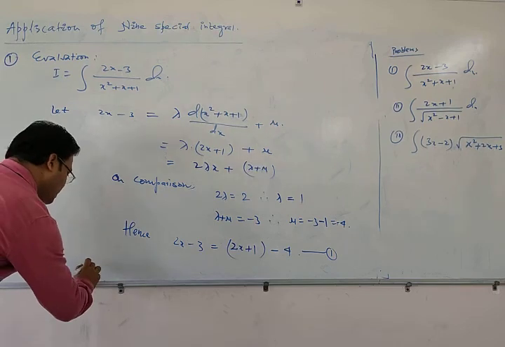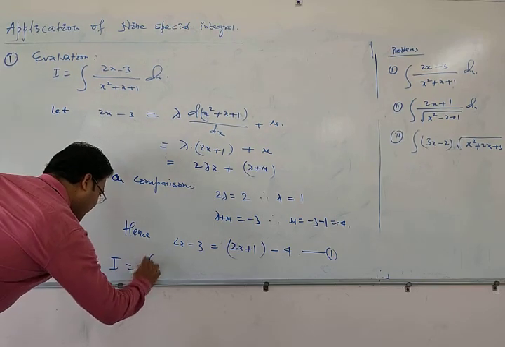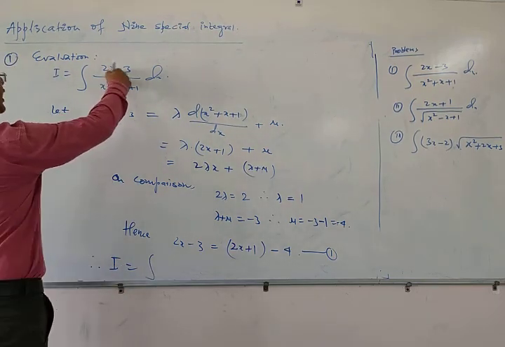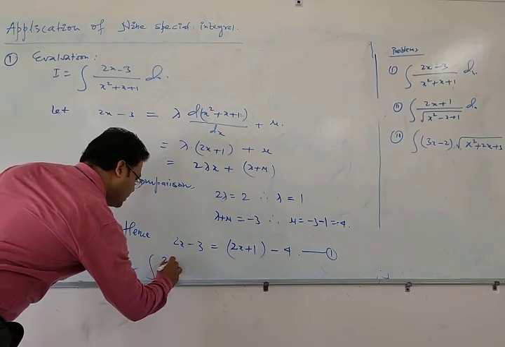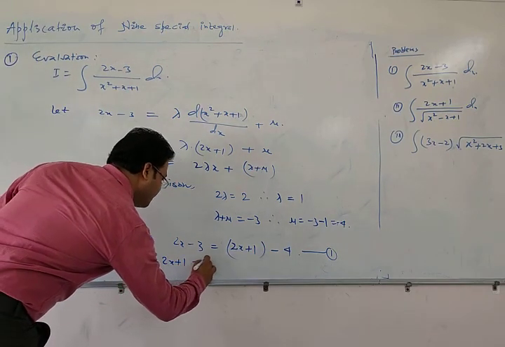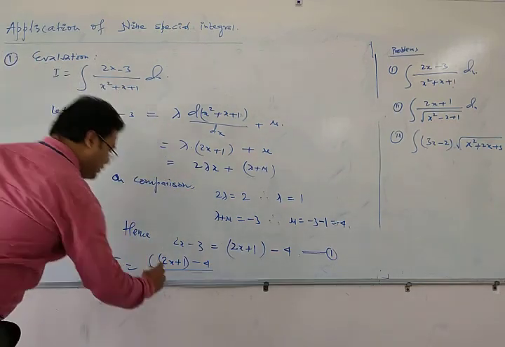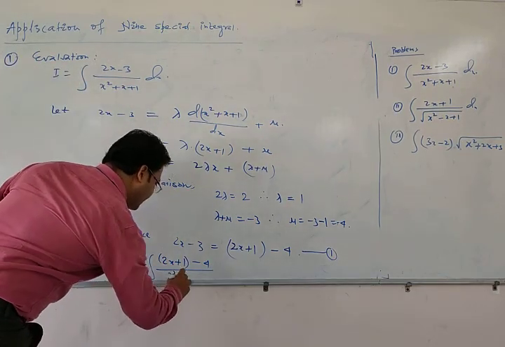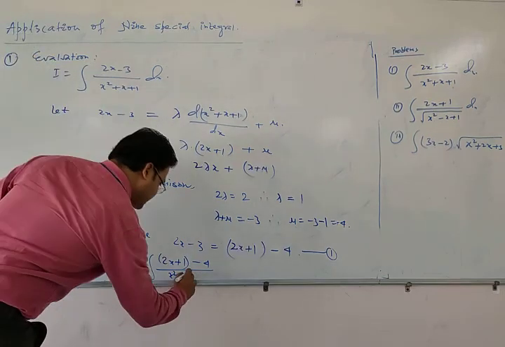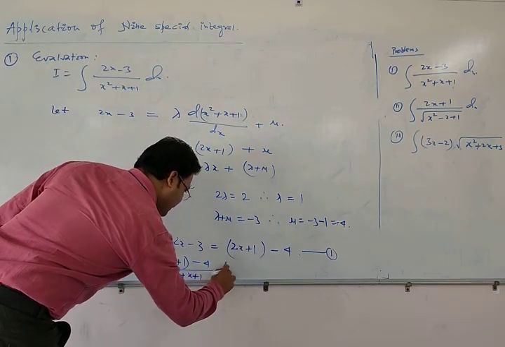So I becomes, in place of the linear expression you can write 2x plus 1 minus 4, and in place of the denominator you have to write what is already written on the board, x square plus x plus 1 dx.